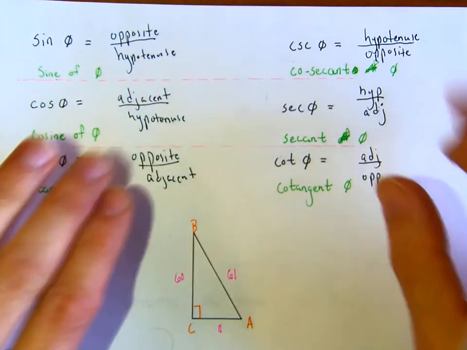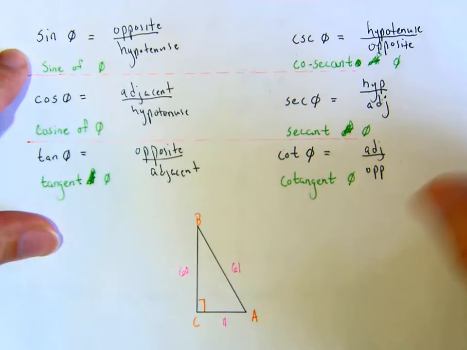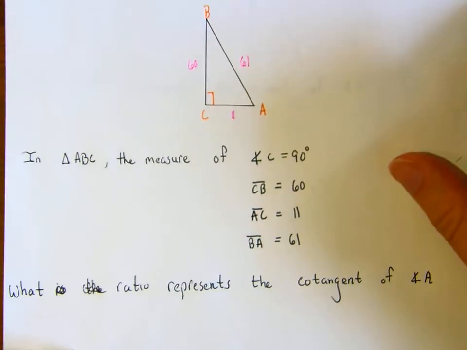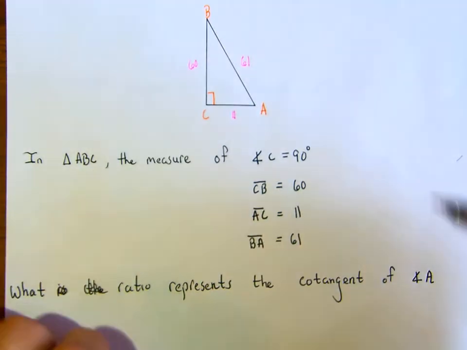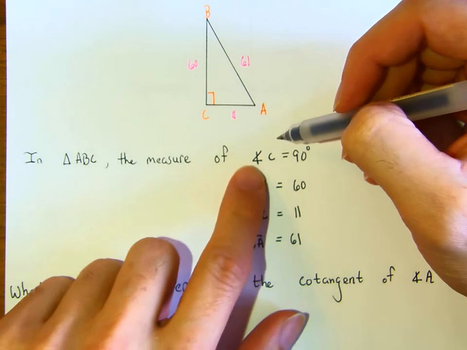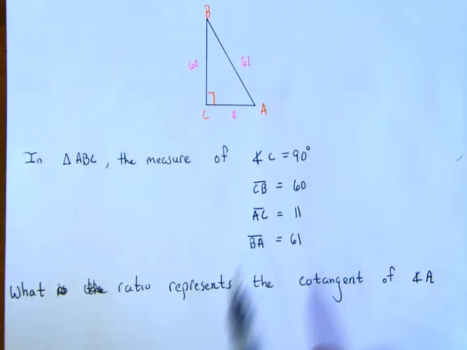Okay, so let's take a look at a nice example over here, and please have this in your notes. Right here, let's take a look at this diagram. It's saying in triangle ABC. All right, so we're gonna take our time. Right, this is triangle ABC. The measurement of angle C. That's how you read this notation. Let me write that down.